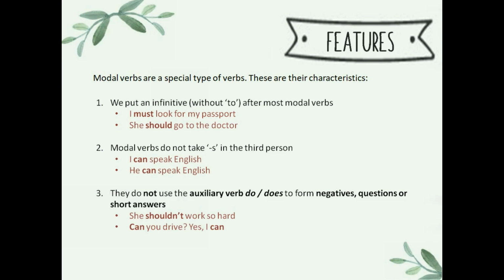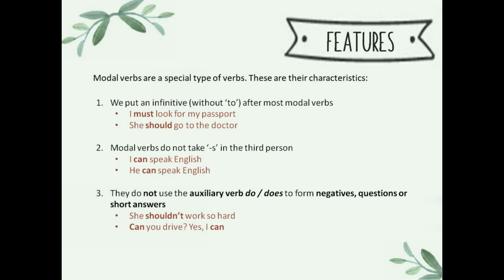3. They don't use the auxiliary verb do or does to form negatives, questions, or short answers. That is that they function as auxiliary verbs. That means that in the negative they go with not, like in she shouldn't work so hard, and in the question they are written at the beginning. Like in the example, can you drive?